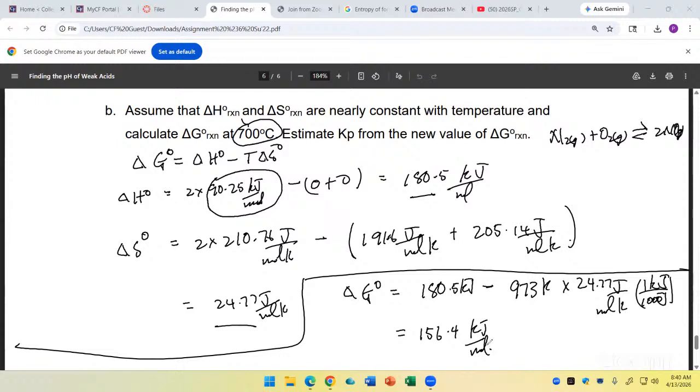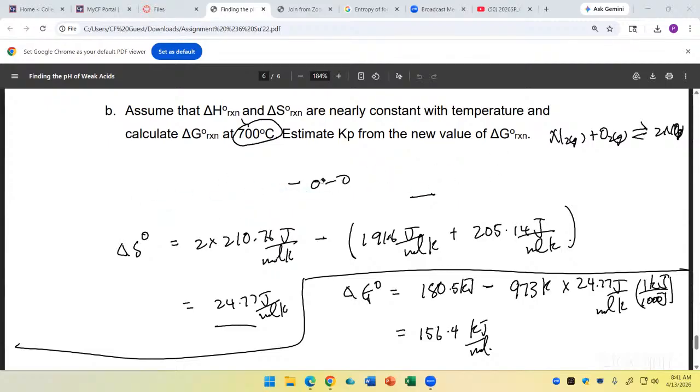Now, we're not finished yet because the question is asking for the KP from the new delta G value that we got here. So let me erase this part right here. So KP is equal to E to the minus delta G standard over RT.